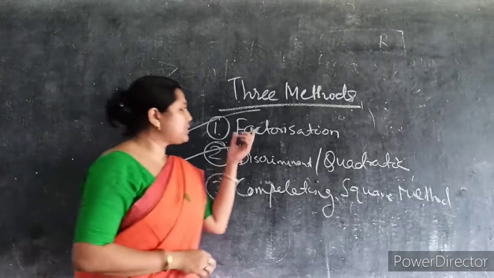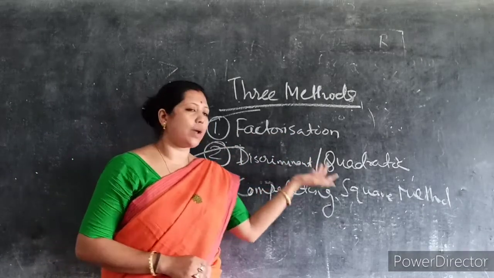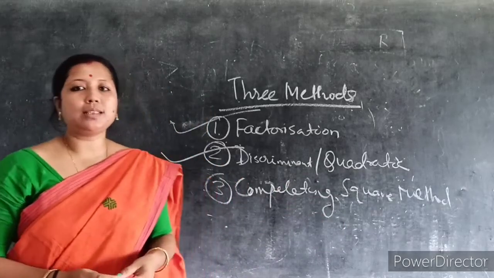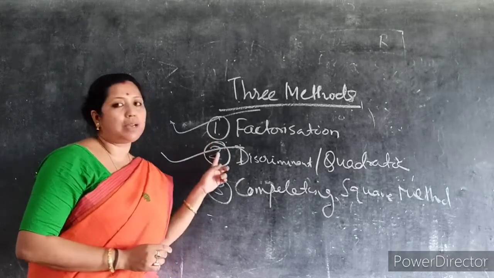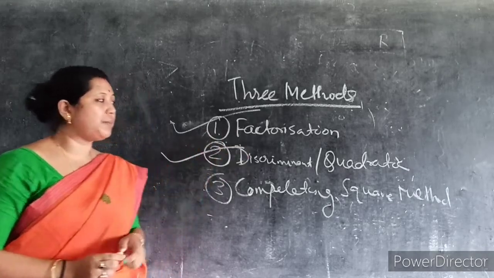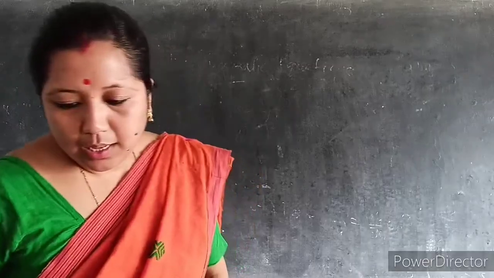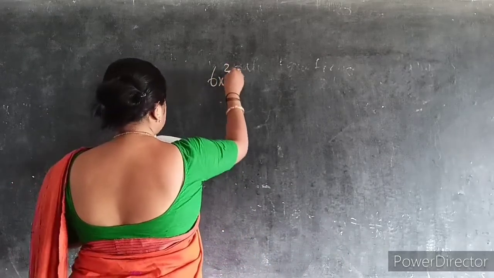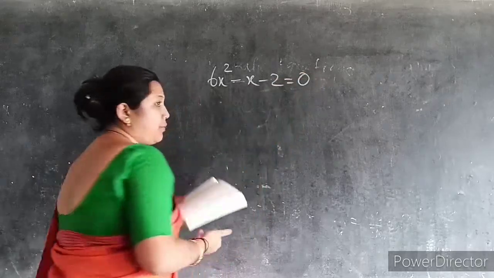There are 2 methods: one is factorization and second is discriminant or quadratic formula. Third is the completing square method. In this video class today I shall be discussing the first 2 methods, that is factorization and discriminant or quadratic method. If you can see here, your equation is 6x squared minus x minus 2 equal to 0.